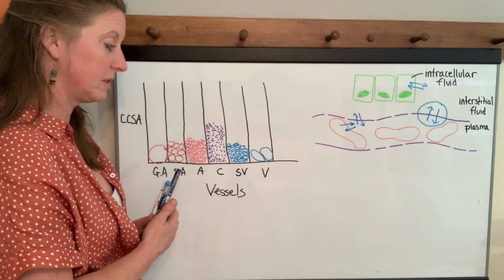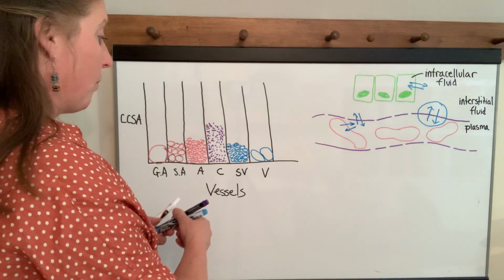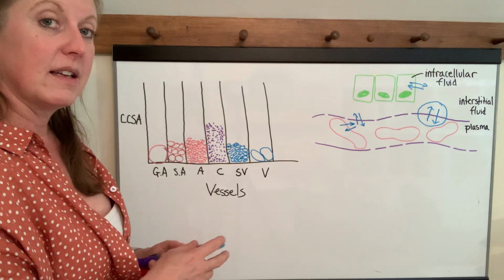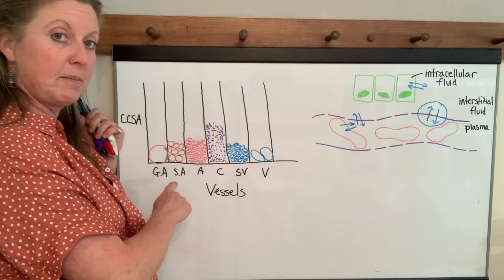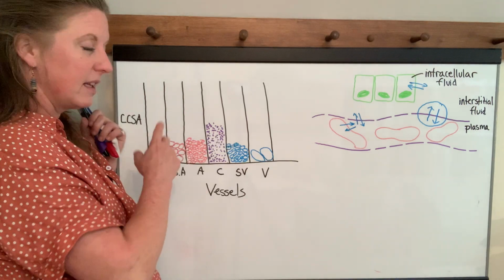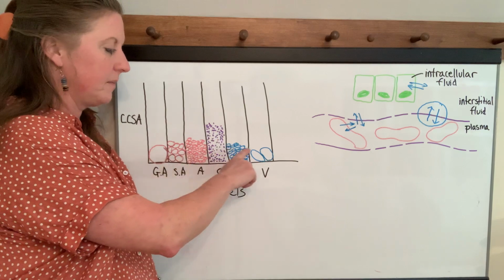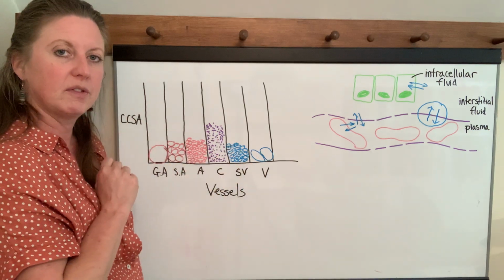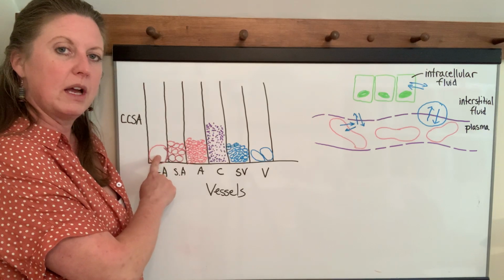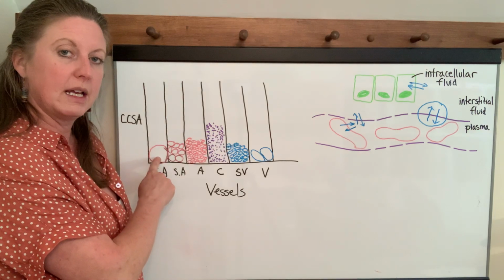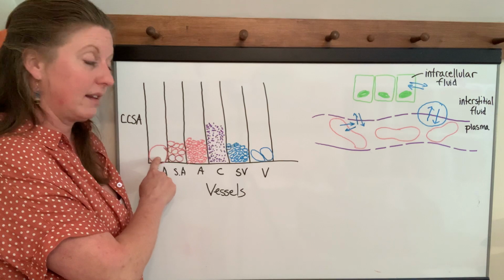Now, what this means is that the velocity or the speed of the blood flow is the opposite. If, let's say for each one of these, I'm going to pump through 5 liters per minute. If I have to get 5 liters of blood through this tube in 1 minute, then it's got to go pretty fast.